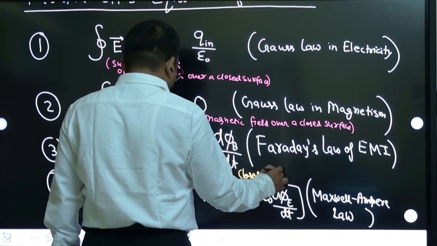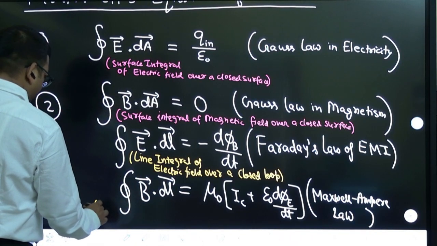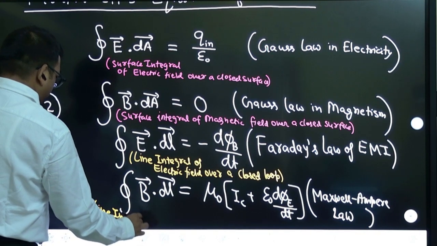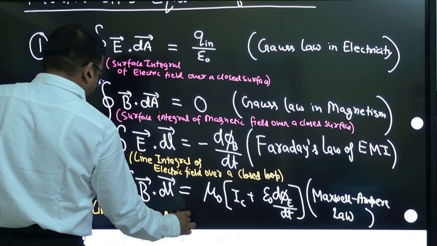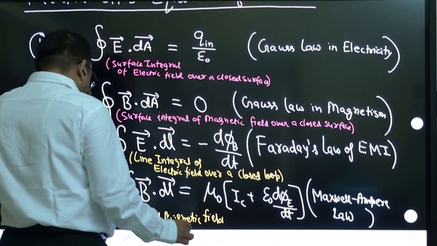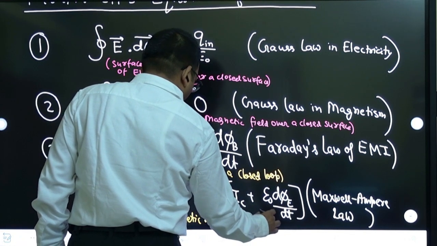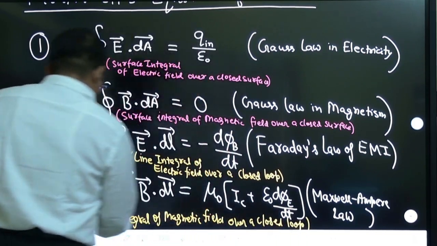Similarly, this one is line integral of magnetic field over a closed loop. Okay.